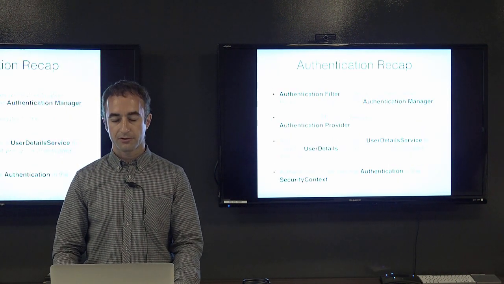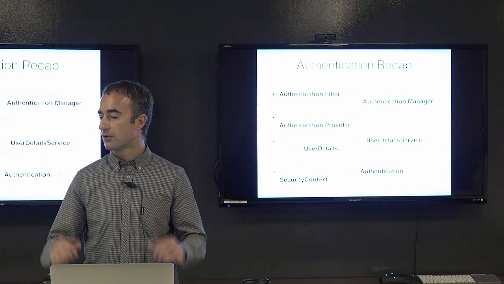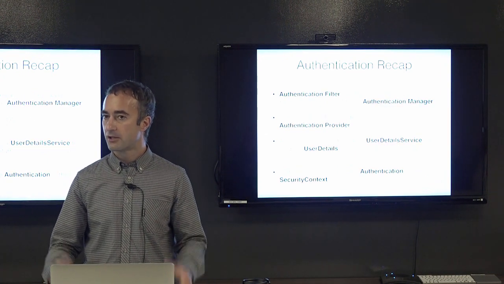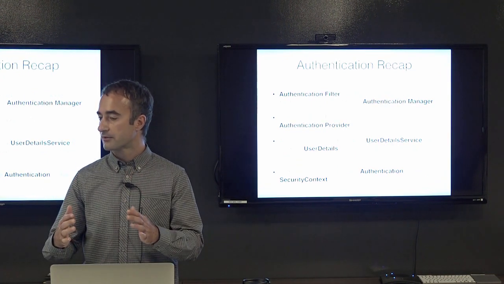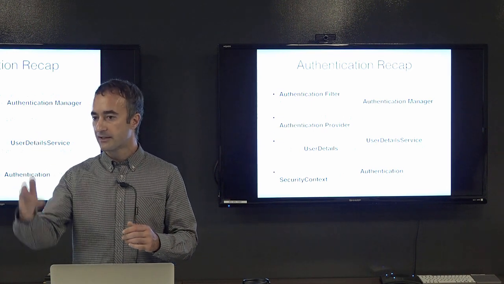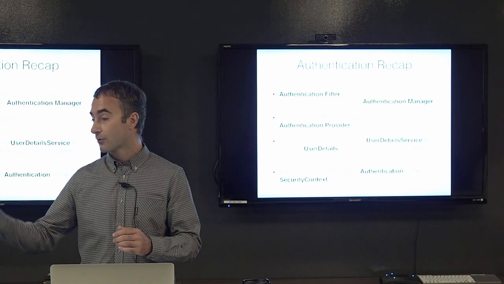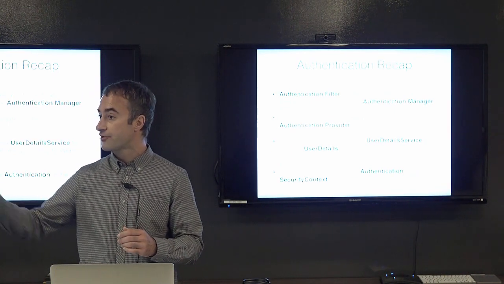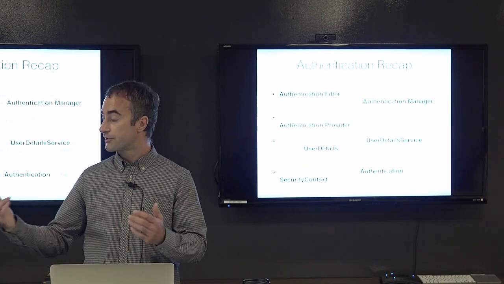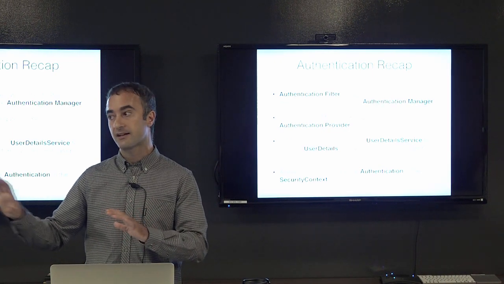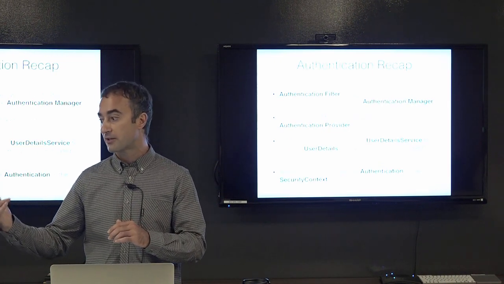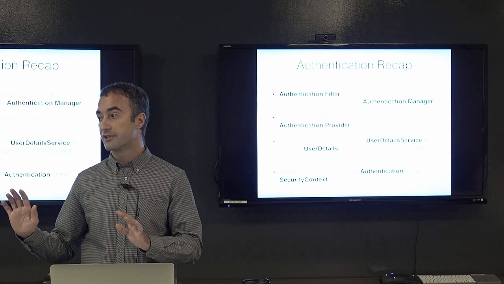And that's pretty much it for the authentication flow. Just to recap, the request comes into the authentication filter, which delegates to the authentication manager, which ultimately delegates to one or more providers to attempt the authentication. In our case, we're using the user detail service, although that's not a requirement. The authentication provider doesn't have to use the user detail service.